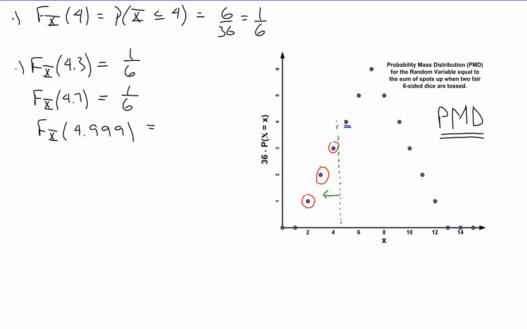Well, that remains 1/6. Okay? All right. Remember, when we look at the cumulative distribution function, this is the probability that x is less than or equal to little x.